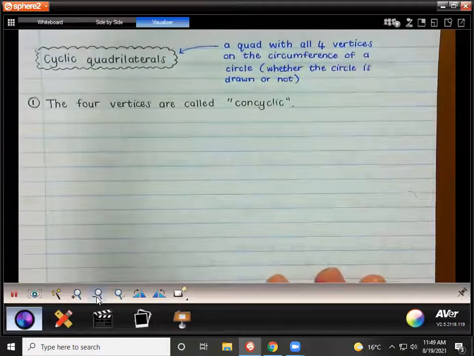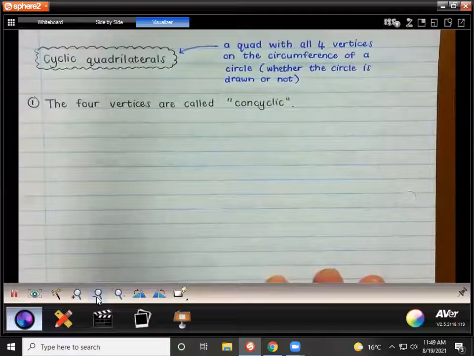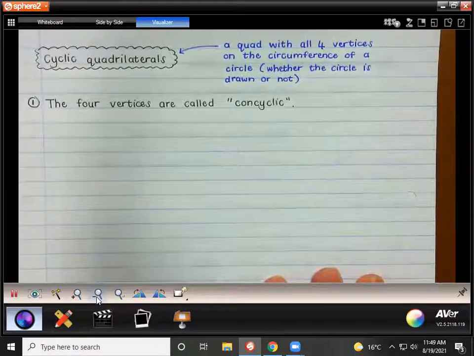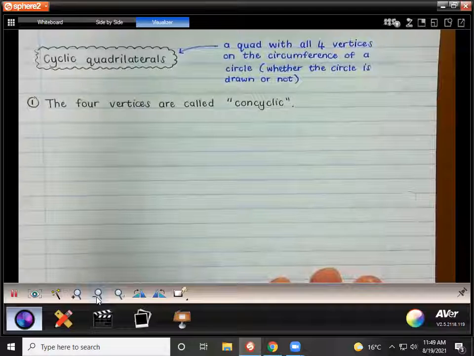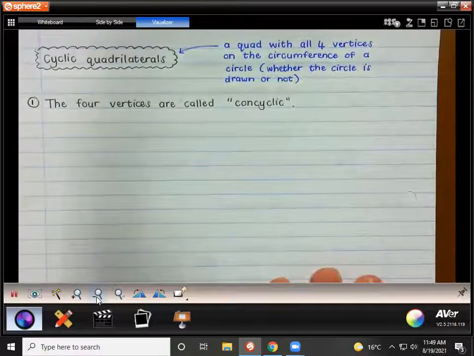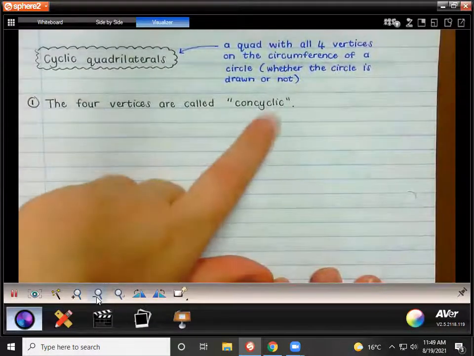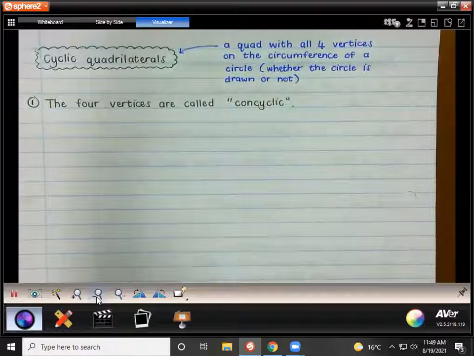So the quad is cyclic, but the vertices, we say that they are concyclic. That's just so that you can understand the question. Sometimes they say, prove that this quadrilateral is a cyclic quad. Or they can also say, prove that these 4 points are concyclic. Then you need to understand that it basically is the same thing.